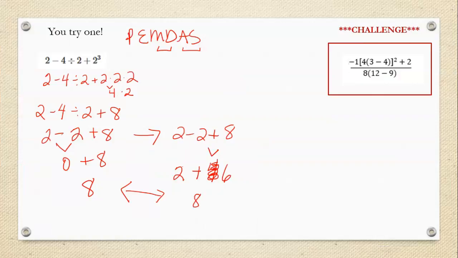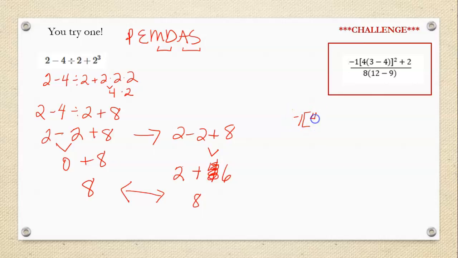All right, so sometimes you guys, I'll put these challenge questions here. If we're working on these problems in class and you happen to breeze through the first example, then you can try the challenge example. Let's try this one. We're just going to follow the steps. You can see that there's parentheses and brackets in this one. So we're just going to work our way from the inside out.